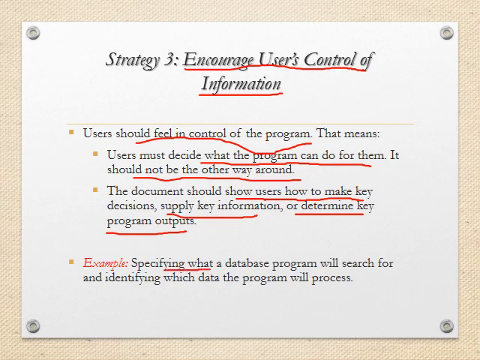So supplying what a database program will search for, and identifying which data the program will process, is again a way to control the user information. In a task-oriented document, we can think of this as a scenario. The scenario helps us to encourage the user's control of information.